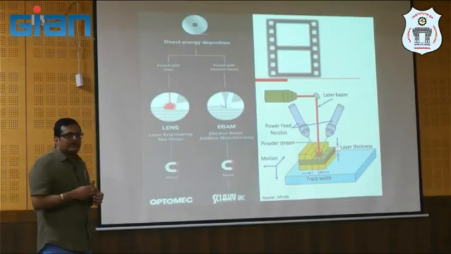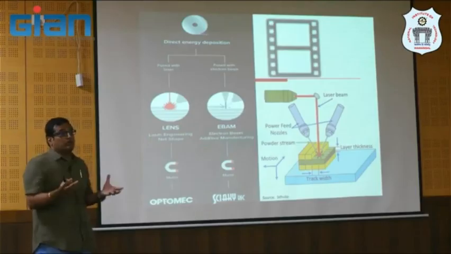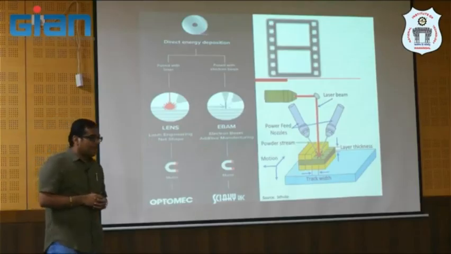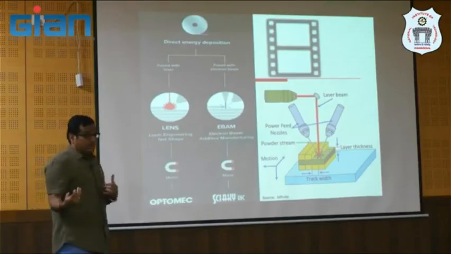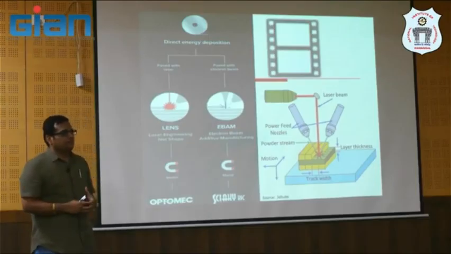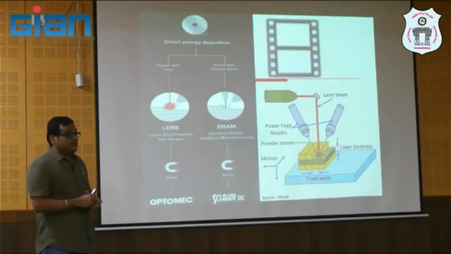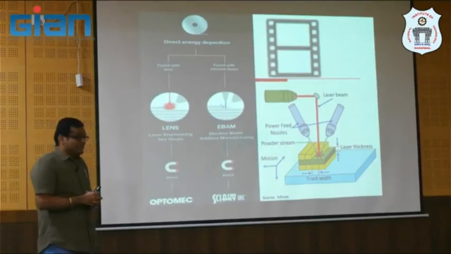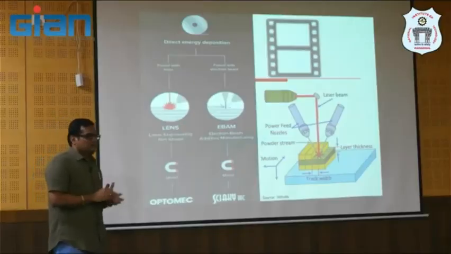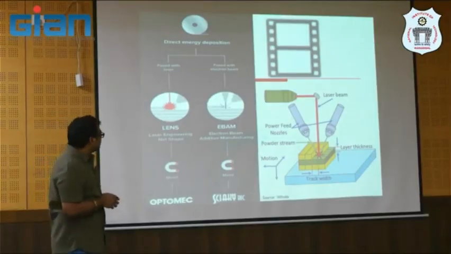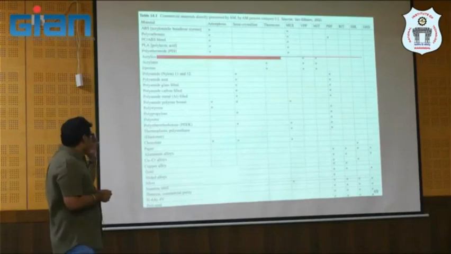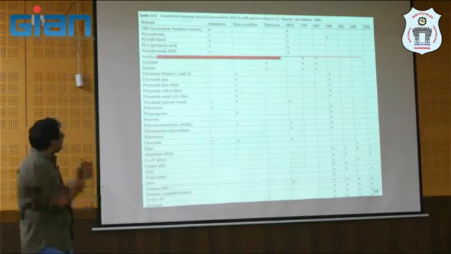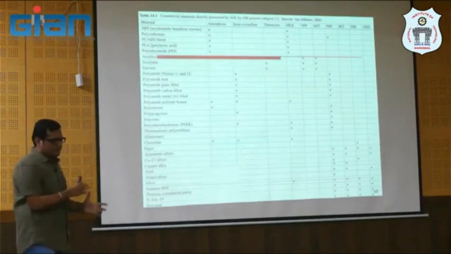Then you have wire fed or powder blown technology, again with a laser, an electron beam, an arc, or even something else. It can be somewhat similar to welding technology if you try to correlate it, maybe TIG, MIG welding. But anyway, these are the materials versus all the 7 AM processes.